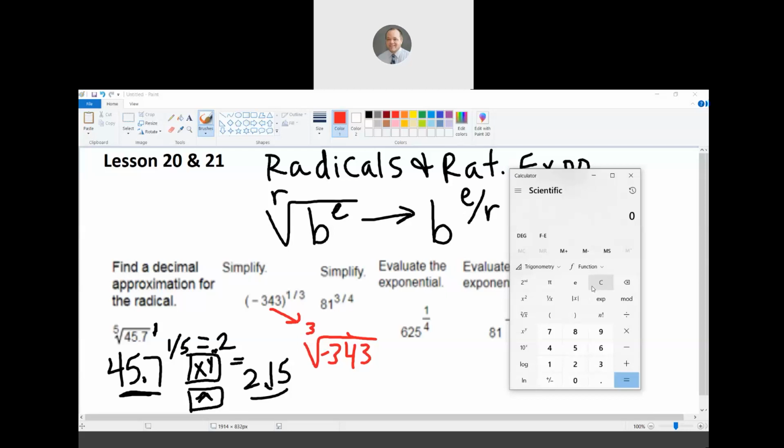So let's see here. Okay, I actually have a root y radical calculator button where you can type in your root first and then enter your number that's under the radical symbol.